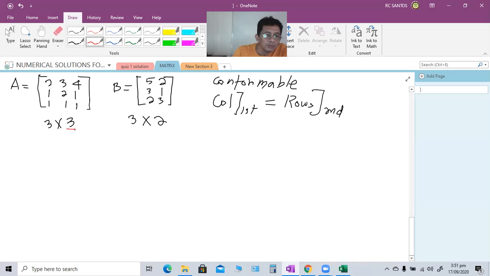The column of the first must be equal to the rows. Equal sila, di ba? So if the column of the first matrix and rows of the second matrix are equal, this is 3 by 3, therefore, we can say that A and B are conformable.